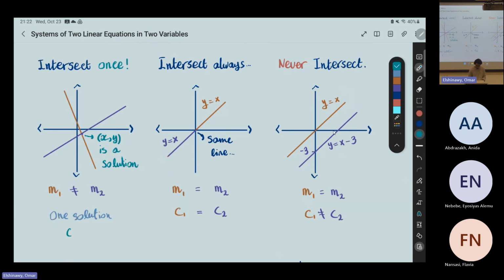And it's the intersection of the two lines. In this case, the solution is a line, and a line has infinitely many points. So we have infinitely many solutions.